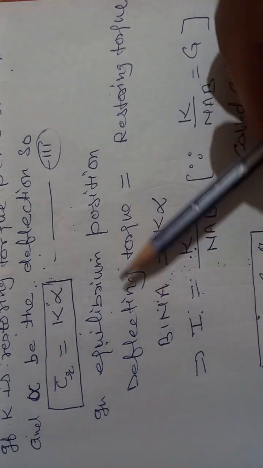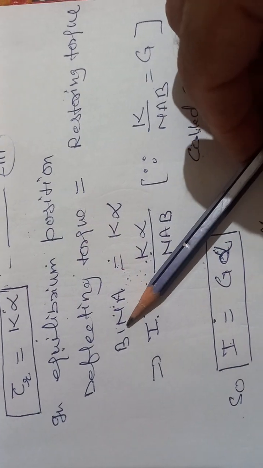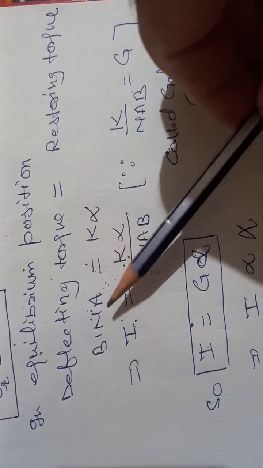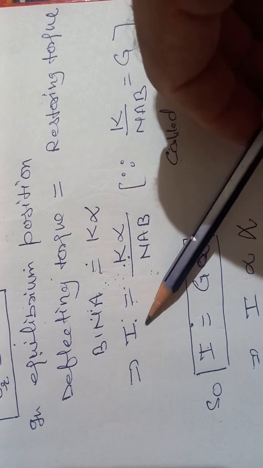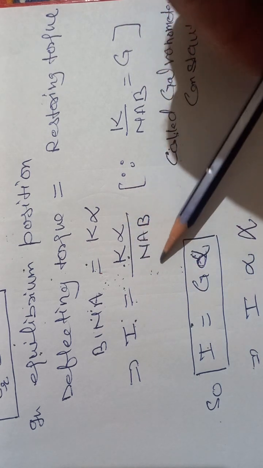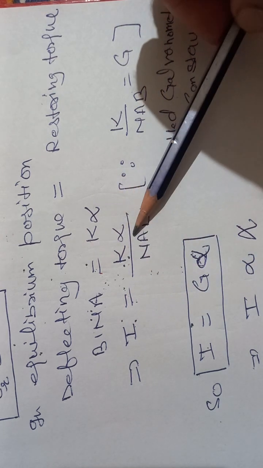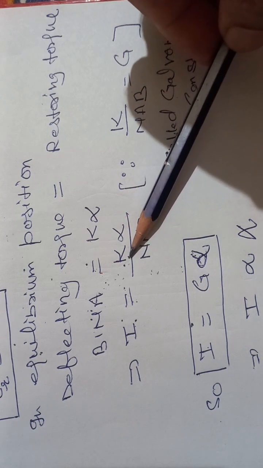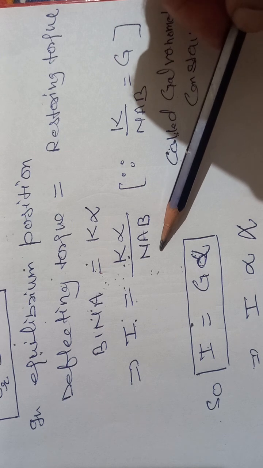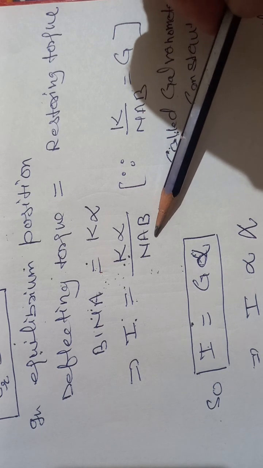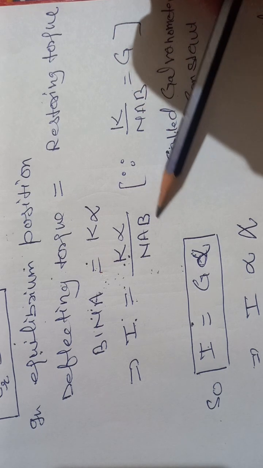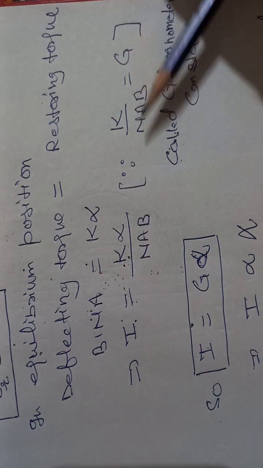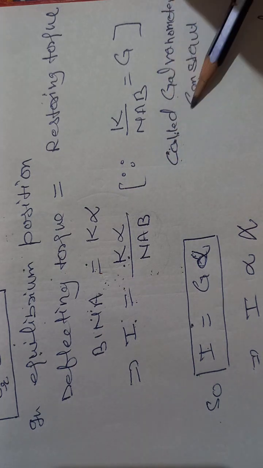So the value of deflecting torque I have already told you, that is equal to BINA, and BINA is equal to K alpha. From here you will find the value of I, and I will become K alpha over NAB. If you see in the equation, K is the restoring torque per unit twist, N is the number of turns in the coil, A the area of the coil, B the magnetic field, all these are constant, and I have put all these constants equal to capital G. Capital G means galvanometer constant.